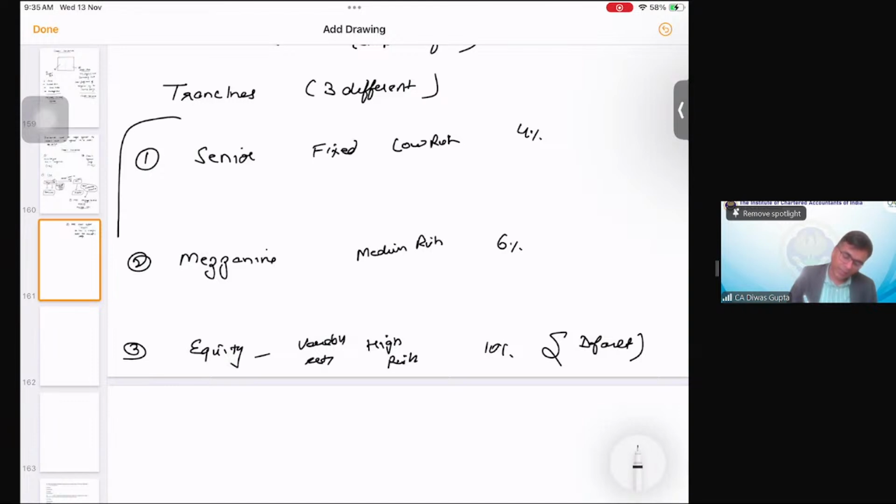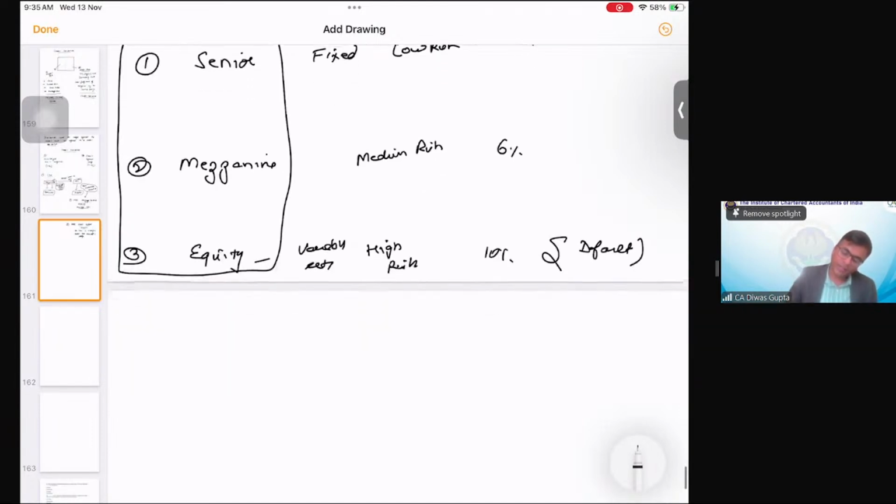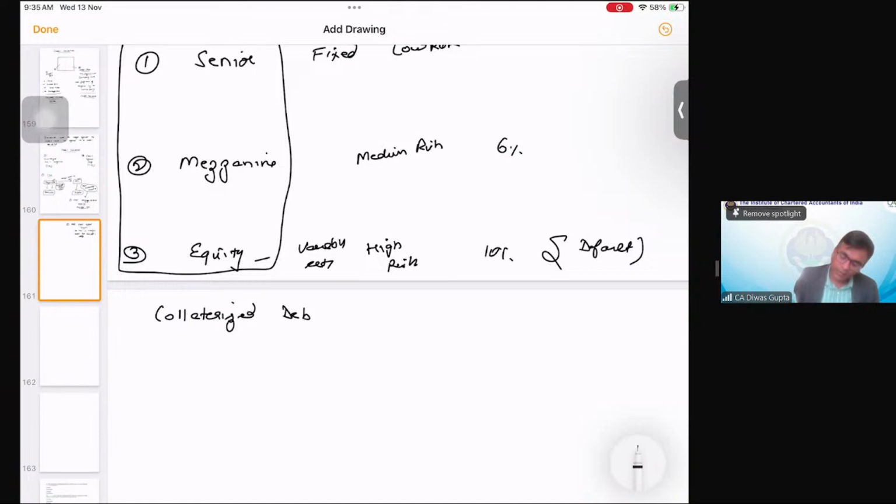So the creation of these tranches is called collateralized debt obligations.